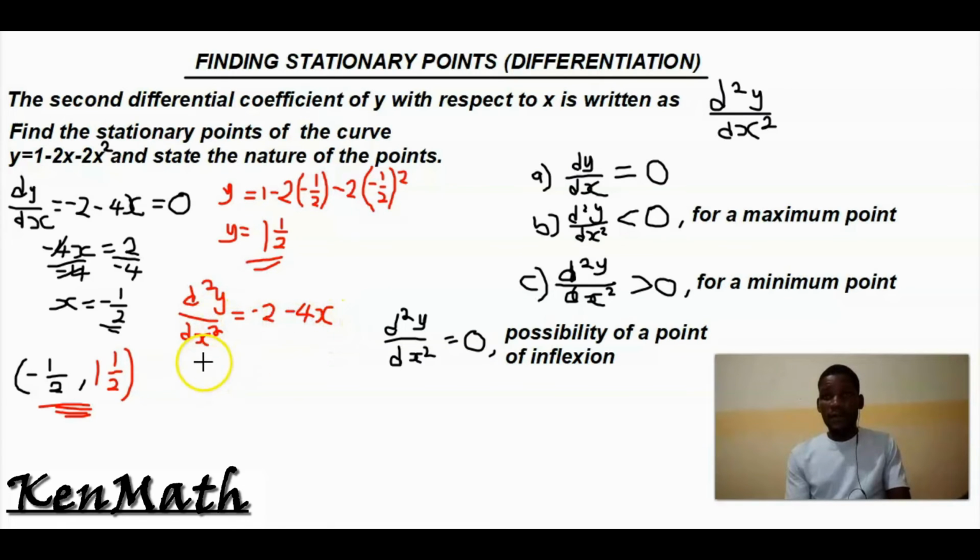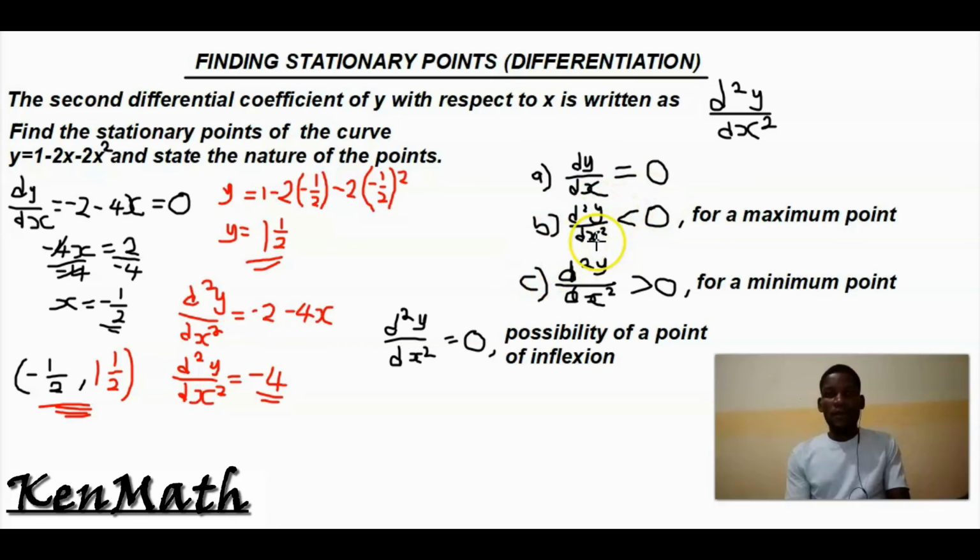So d squared y over dx squared, which is the second differential coefficient, is equal to, when you differentiate the first term, 0. When you differentiate the second term, it gives us negative 4. So the second differential coefficient is equal to negative 4.